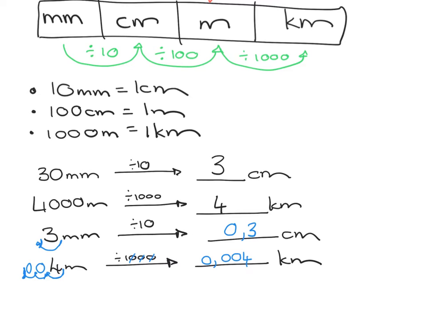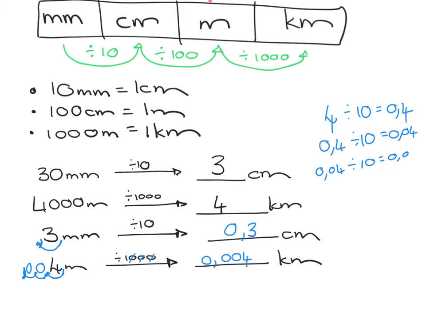Another way to think about it is to say, if I have 4 and I divide it by 10, you guys know that's 0,4, right? Then take 0,4 and divide it by 10 again. That's then 0,04. And then take 0,04 and divide it by 10 again.